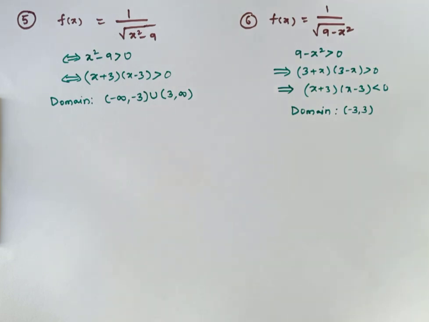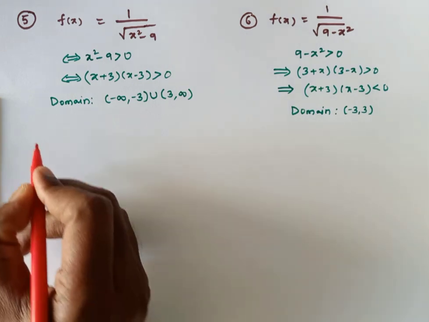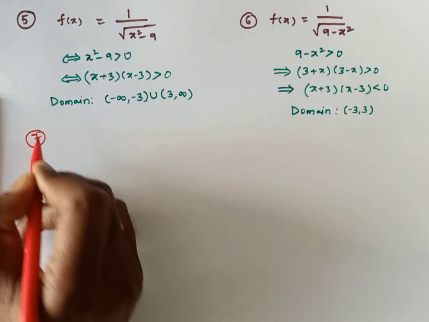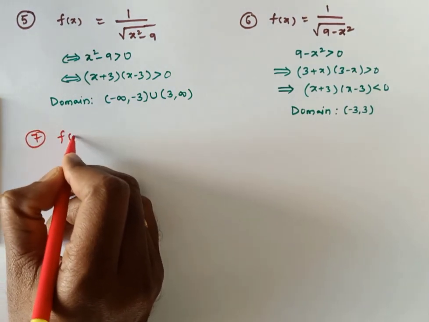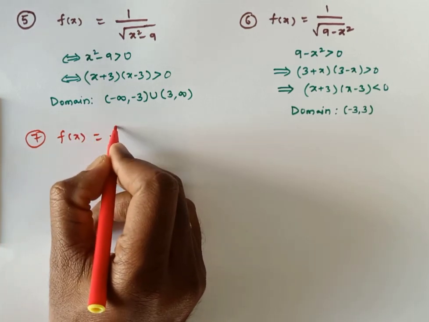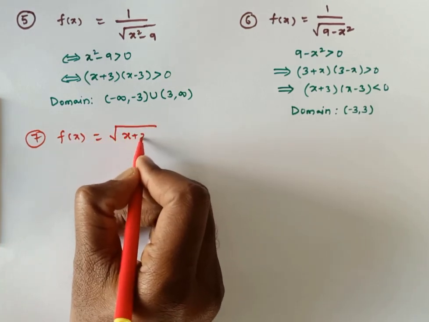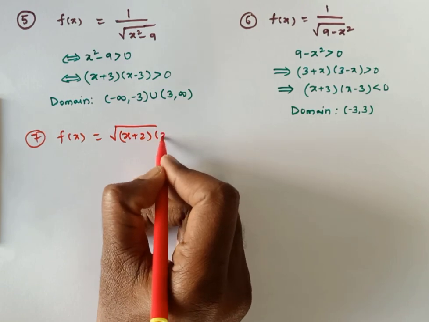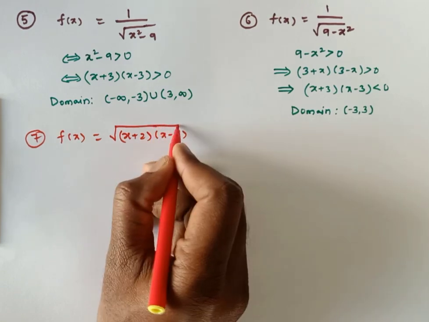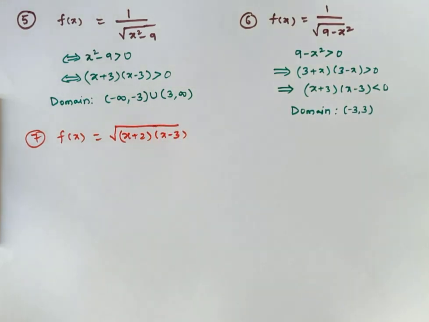Okay, the next problem number 7. So let it be the function f of x is equals to square root of x plus 2 into x minus 3. Okay. Now, so again it is in the form of root f of x form. If the root of any function exists, then you just need to take that as greater than or equal to 0.